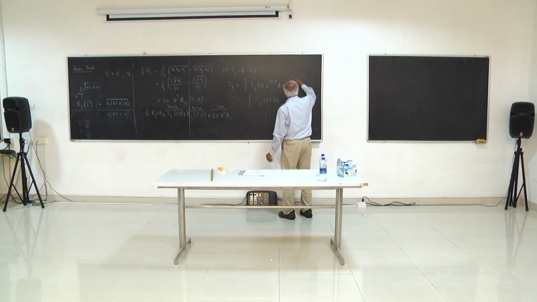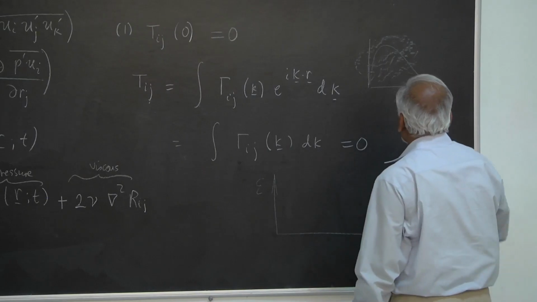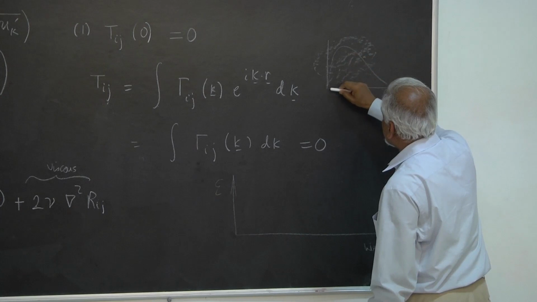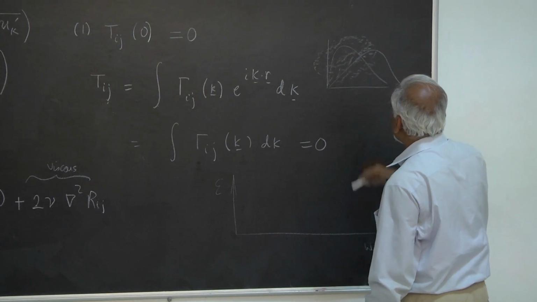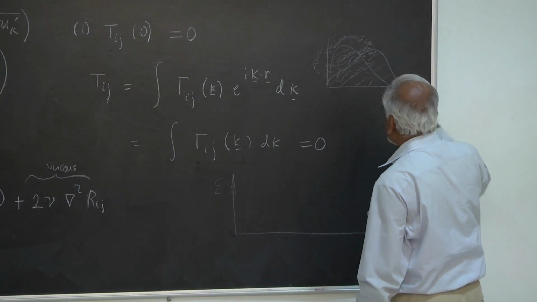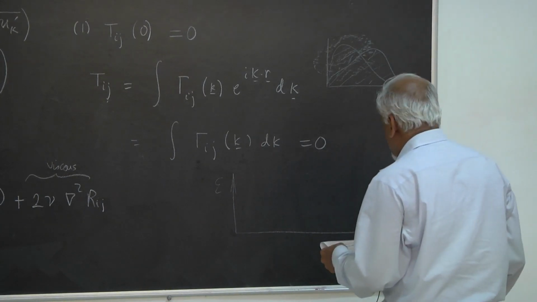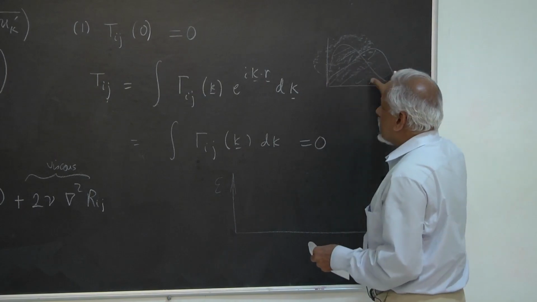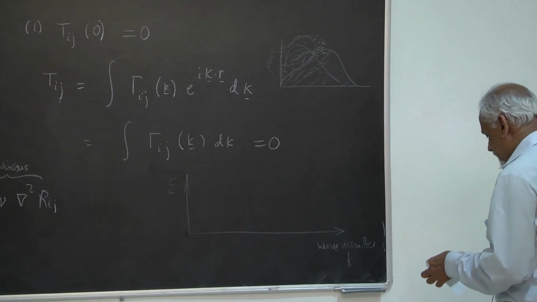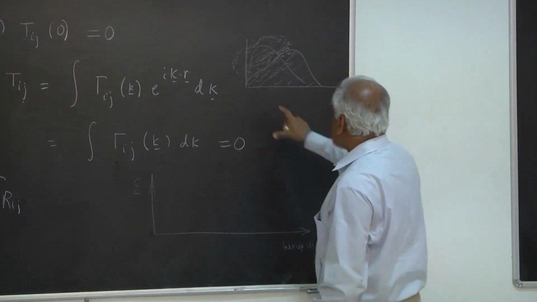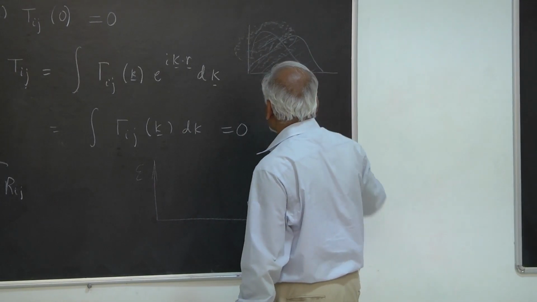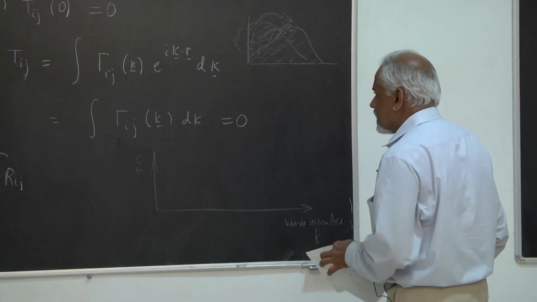Initially it probably has a spectral density like that. Later on, the spectral density, due to the inertia effects alone, may be something like this, but always the area under this will be the same. That is to say, inertia effects have only the effect of spreading energy over different wave numbers. But it doesn't tell you whether the energy is going from here to there or from there to here, or a combination of the two.